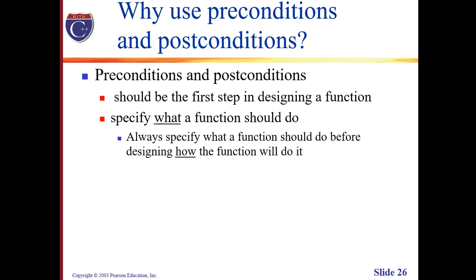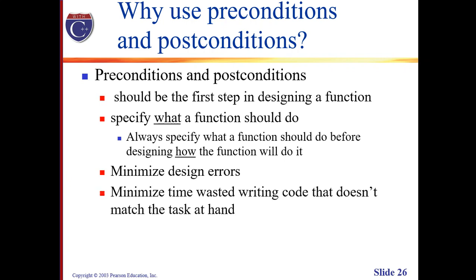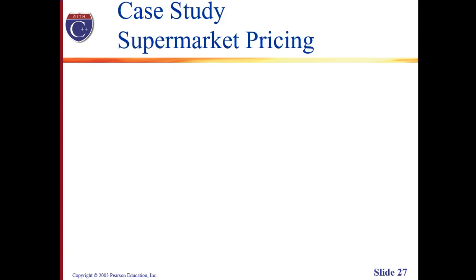It's just like creating an outline or a draft for a particular function before you actually implement it. Therefore, it can help us minimize design errors. We could also minimize time wasted writing code that doesn't match the task at hand. It will really save you time and effort, since you already have the precondition and postconditions for your function. At least you now have an idea on how your function should work.